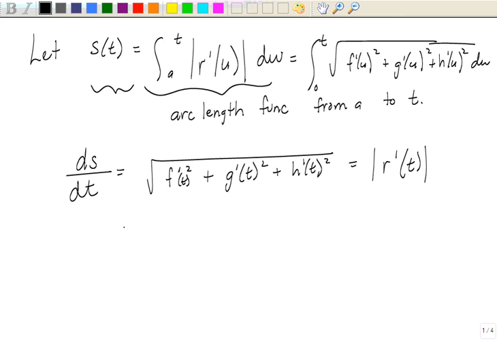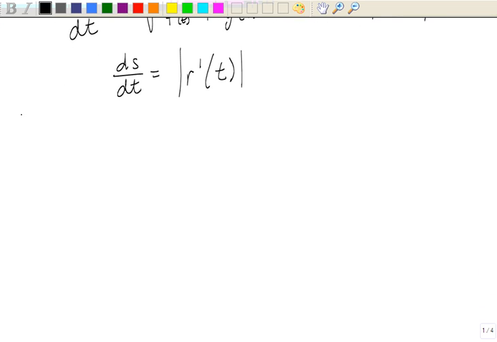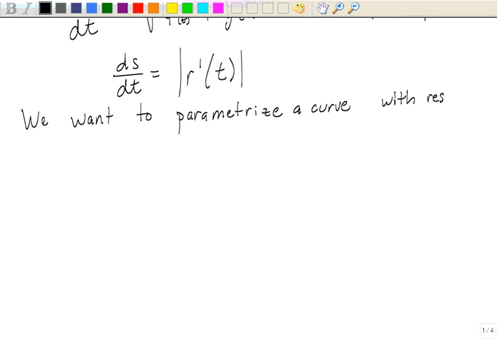So I have ds dt is the magnitude of r prime of t. Now what we're trying to do is parameterize the curve with respect to, and from now on I'm just going to write WRT for with respect to, its arc length.